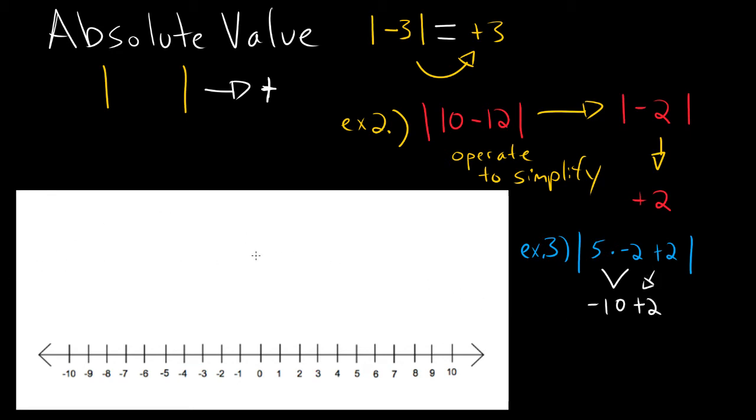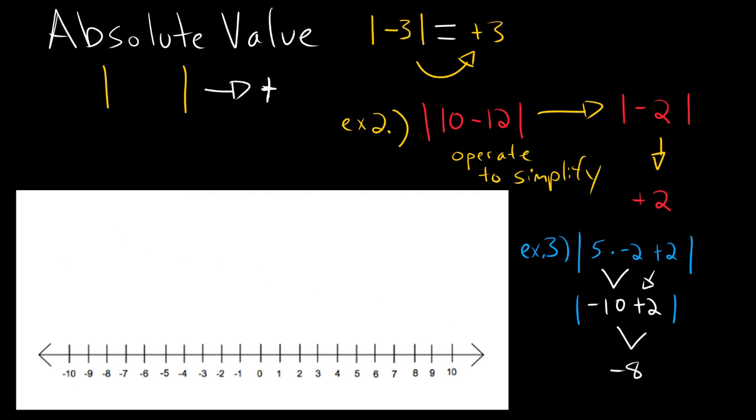And bear in mind here, we're going to be keeping the absolute value as we go along. We haven't gotten rid of the absolute value yet because we still have to finish all the operations before we can turn it positive. So now I have -10 plus 2. -10 going in the direction of positive 2 places is -8.